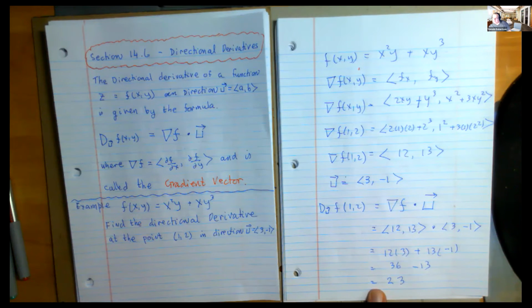And if it was -23, can you imagine in that direction, you'd be going downhill? So positive means at that particular point, traveling in that direction, you're going uphill, or negative, you're going downhill, or 0, you're basically just going sideways, right? You're not going up or down, you're parallel to the floor.